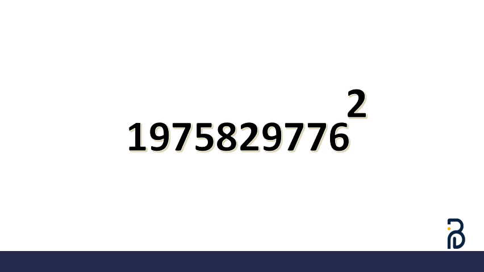See, your question is to find the last two digits. Whenever your question is to find the last two digits, you need not consider the rest of the number. You should only consider the last two digits. That is, the last two digits of 76 square will be equal to the last two digits of this entire square.